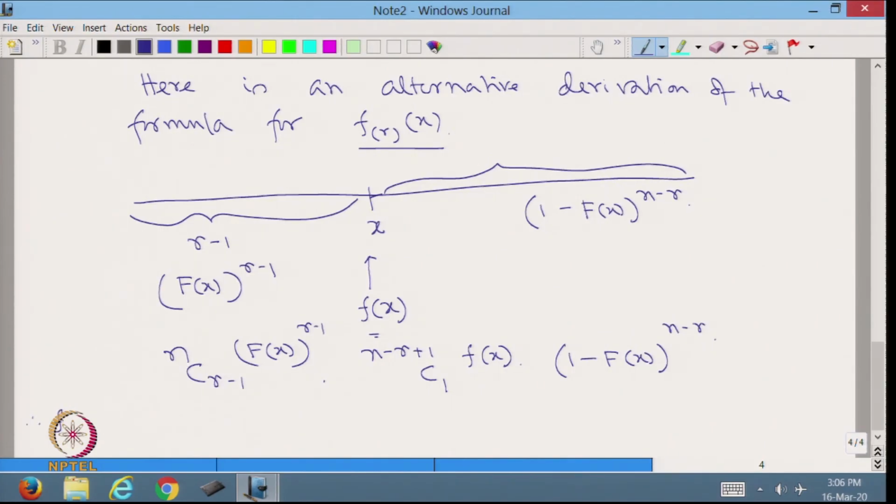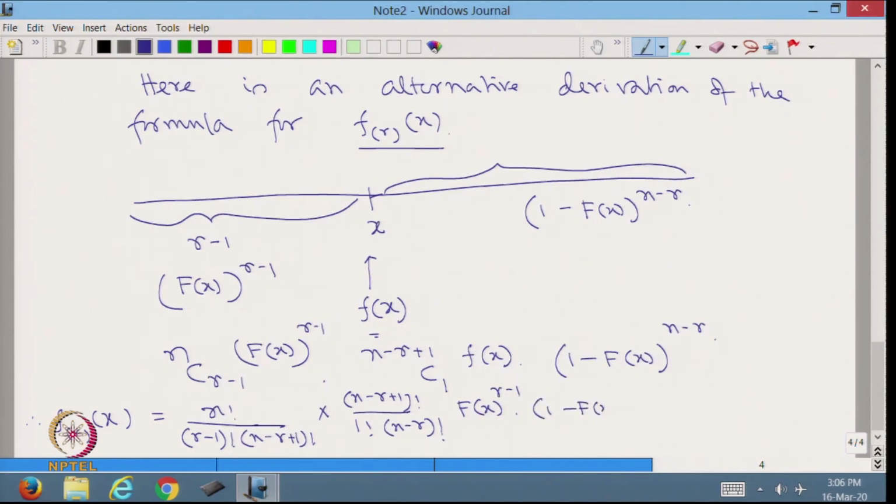Therefore, f_r(x) is equal to factorial n upon factorial r minus 1 into factorial n minus r plus 1, into, let me take out the constant, (n minus r plus 1) factorial upon 1 factorial into (n minus r) factorial, multiplied by F(x) to the power r minus 1, 1 minus F(x) to the power n minus r, multiplied by f(x).